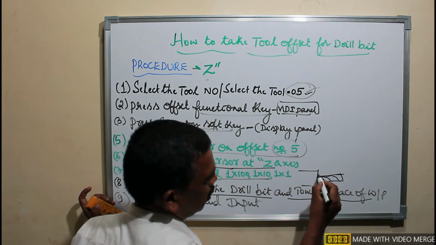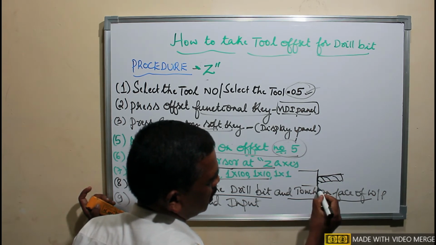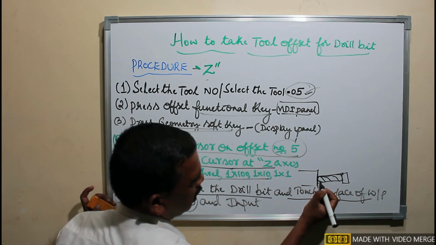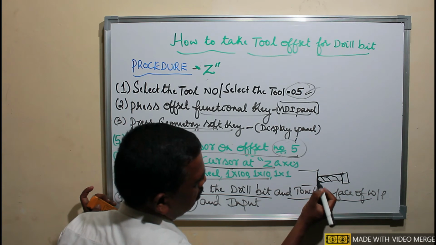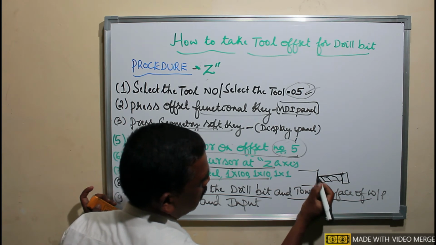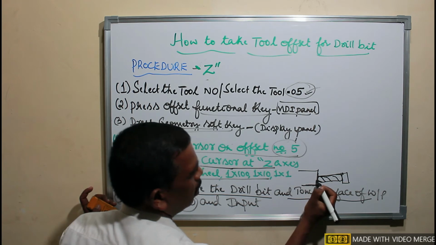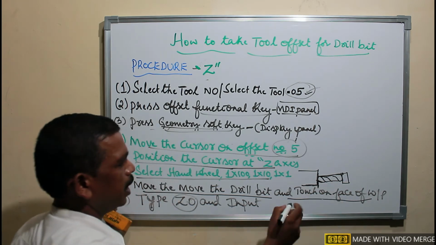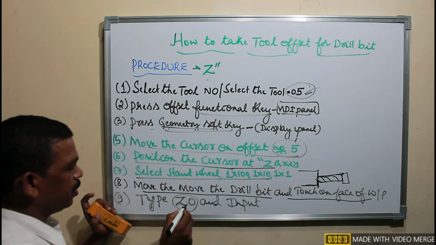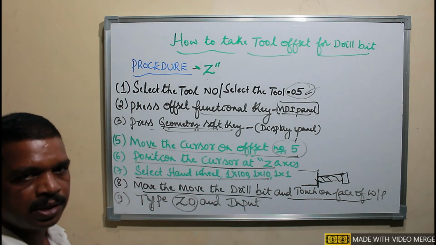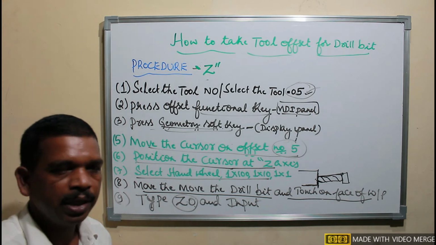We have to insert the paper in between this. Simultaneously we have to move the drill bit. As soon as this drill bit touches our paper, by sliding the paper, we can know the feeling or gap between this workpiece and drill bit also. As soon as it touches, we have to type Z0 and input. As soon as we input this, the values will be updated in the respective position.